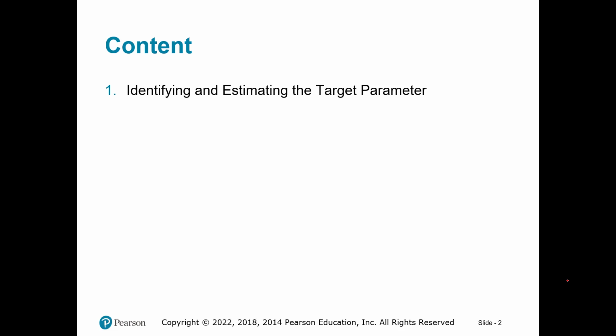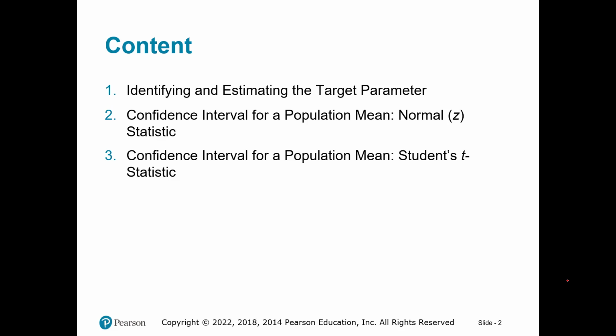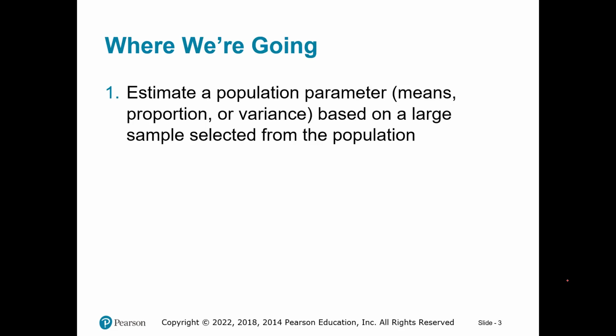So, identifying and estimating the target parameter, and then we will be trying to understand the confidence interval for a population mean, using the normal Z statistic, and the confidence interval for a population mean using the student's T statistic.